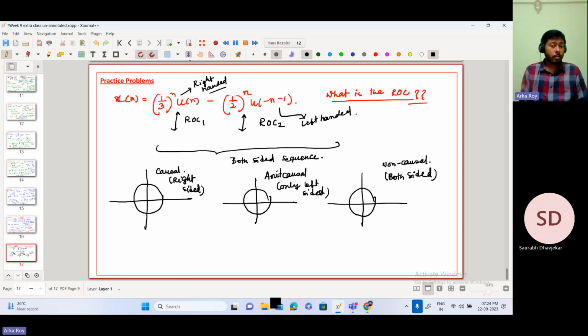For these three types of systems, we had seen the possible criteria of the ROC.